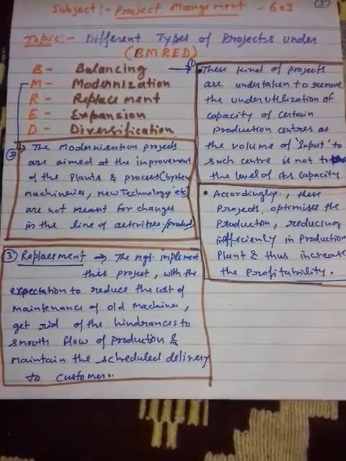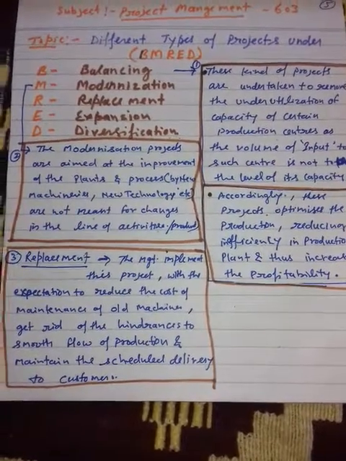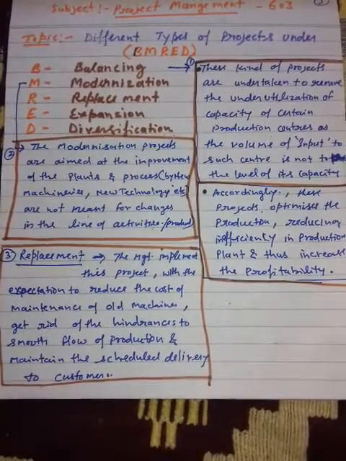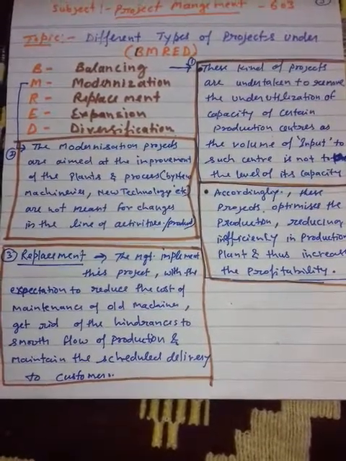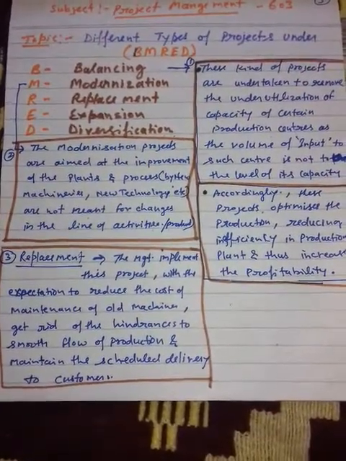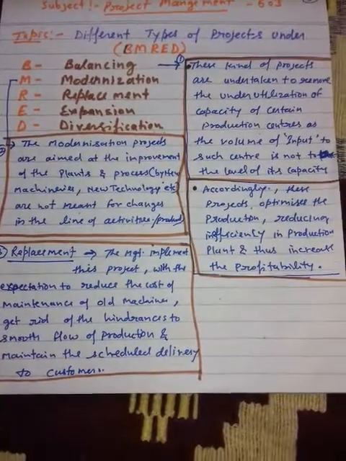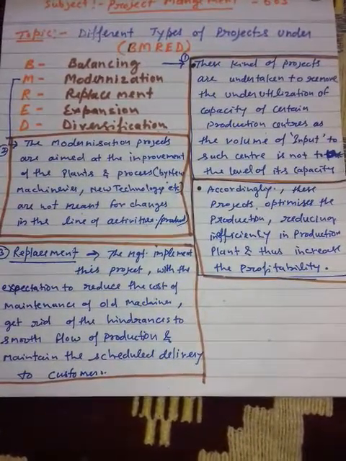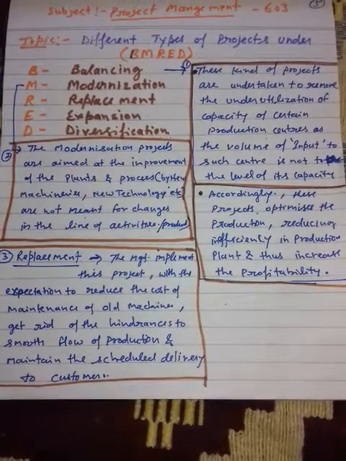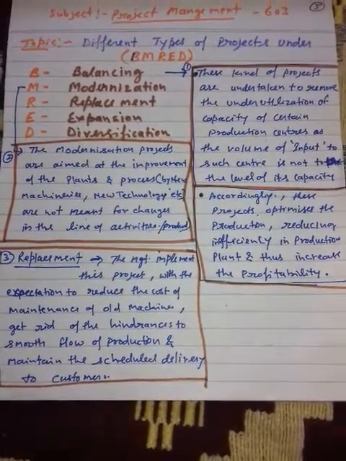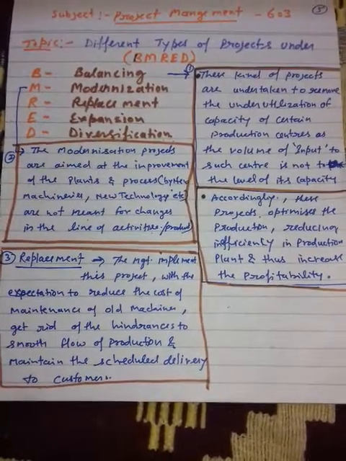An extension of the balancing project is integration. Basically, integration of production, and such integration can be backward as well as forward. Balancing project with backward integration means the organization procures materials and components to be consumed in the process of manufacturing finished goods.